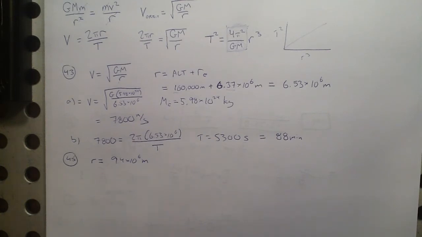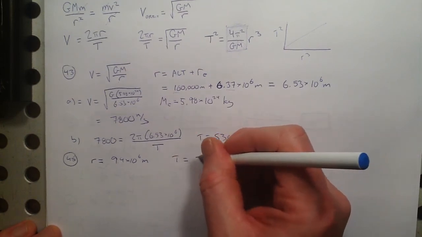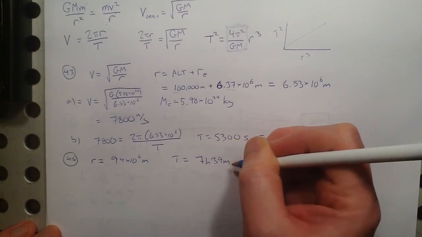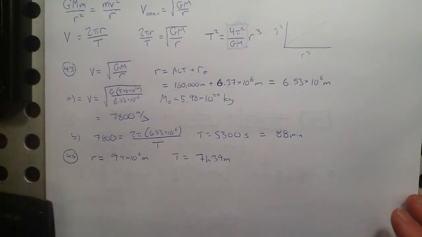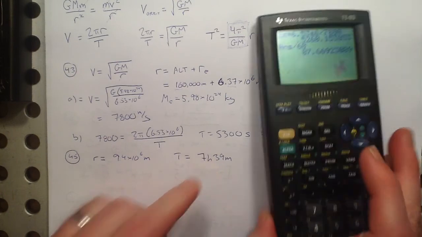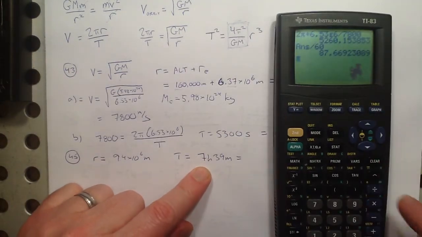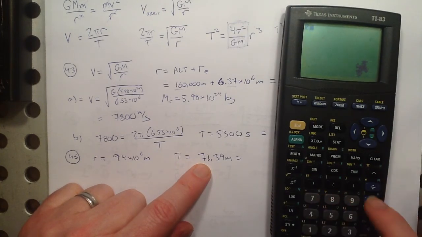And it has a period of 7 hours and 39 minutes. That's not 7.39 hours. You cannot do that. You should understand why. So here, I'm going to change this to seconds. I know that there are 3,600 seconds in an hour, right?